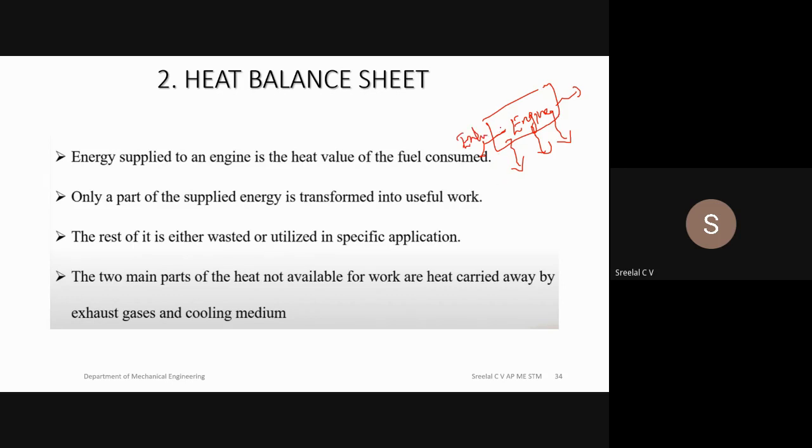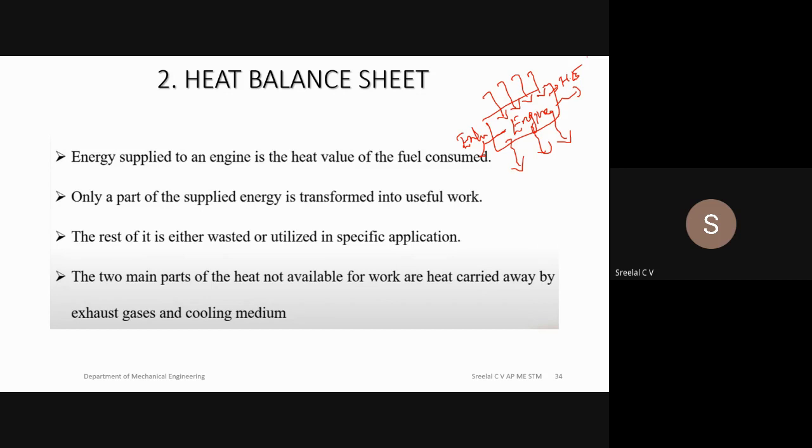But I am asking what will be the input. Something we are giving into the engine, then only the heat energy will be produced. What will that be? Fuel. Yes, the fuel, or the heat energy given by the combustion of fuel, right?